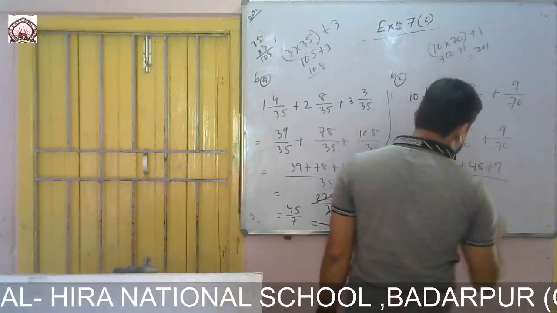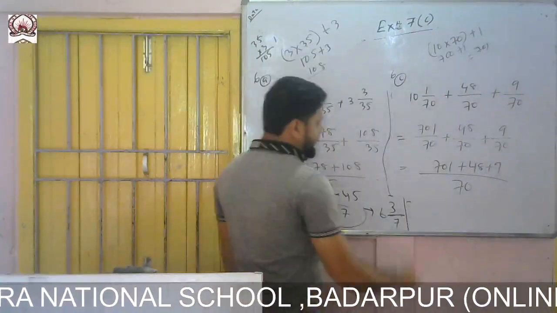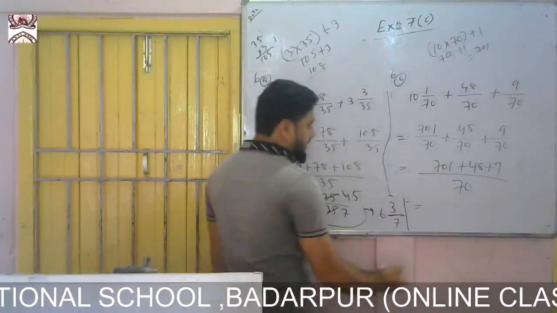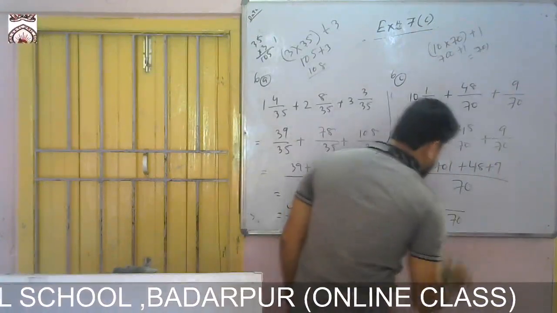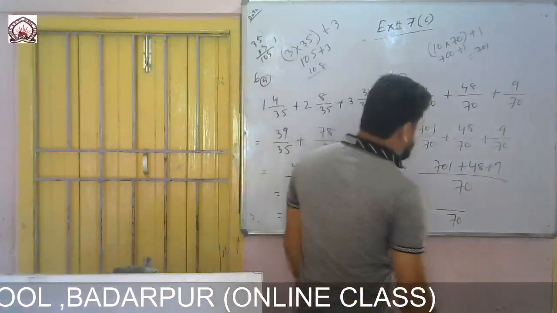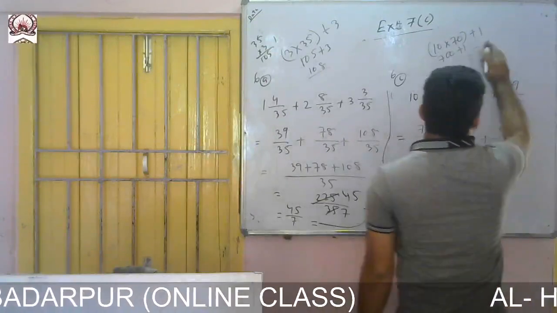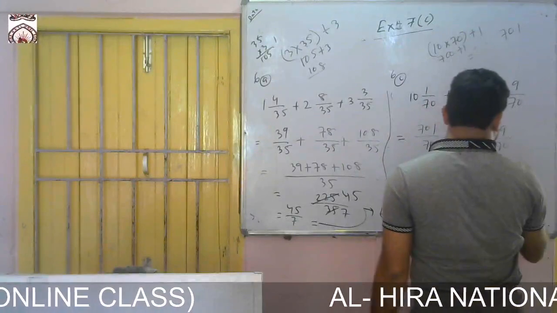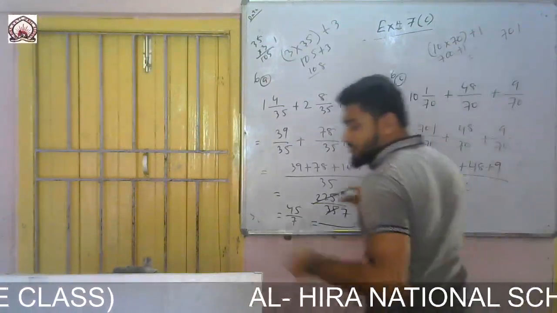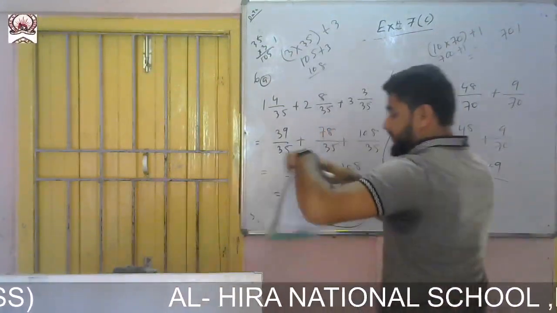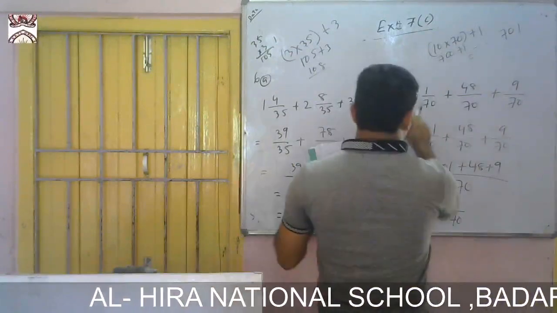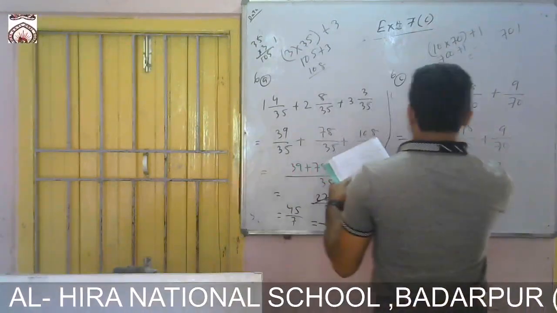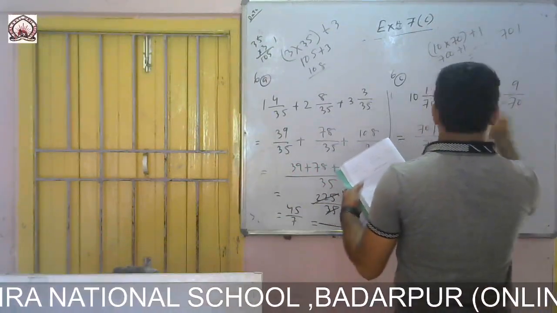Now what, 701 plus 9 by 20 or what, let me check the question. 10 1 by 70, 48 by 70, and 9 by 70.